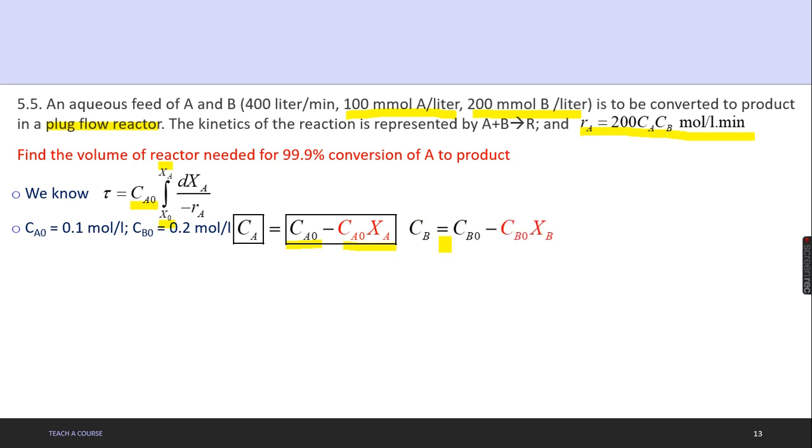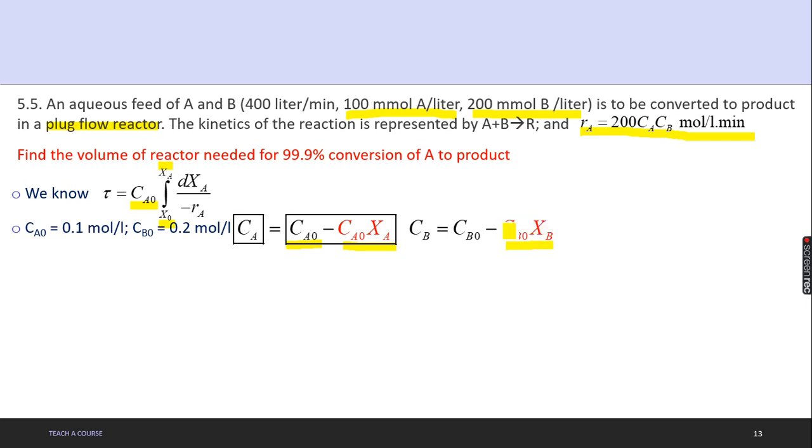Similarly for Cb, we can write the same expression, Cb equal to Cb0 minus Cb0 Xb. This logic is easy to understand because there is no volume expansion. At any moment, or at any place we are discussing for integration, you can do the same process. So Cb0 Xb is the amount of B being converted.